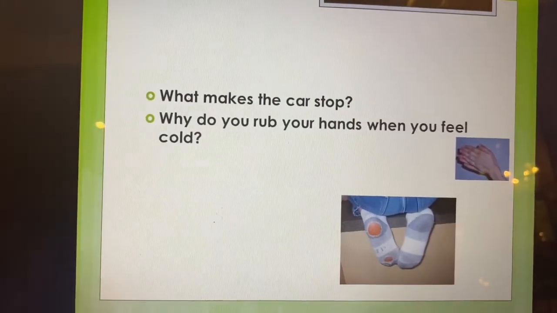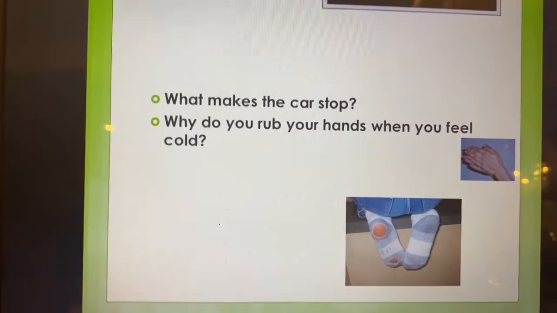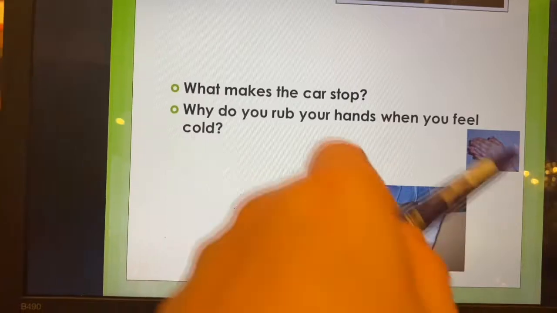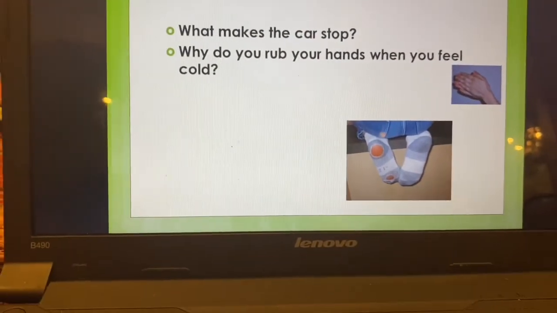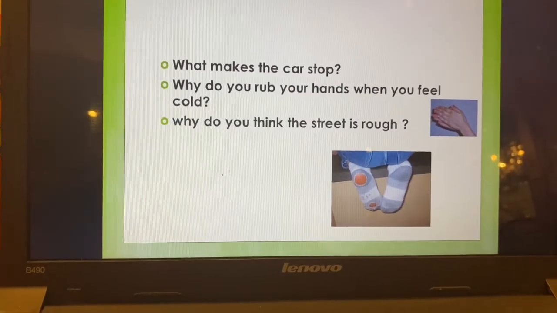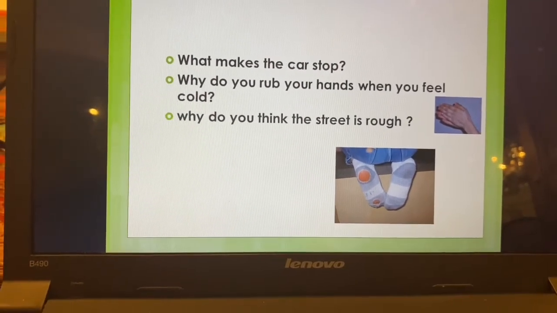Why do you rub your hands when you feel cold? Like this. Why do you rub your hands? Because rubbing will make heat. Why do you think the street is rough? The street, when the cars move.